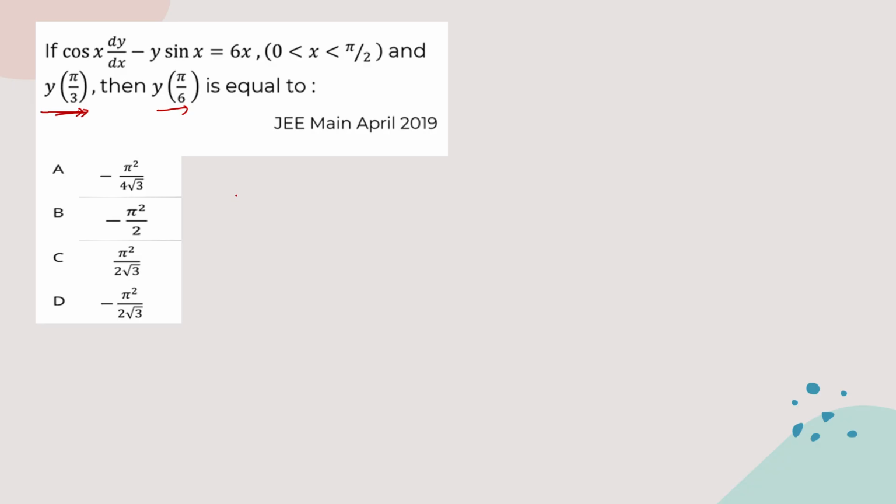But the problem is how will you find the c value? This is the problem: the constant you will get after doing the integration. How will we find it? Look at the boundary conditions that have been given.